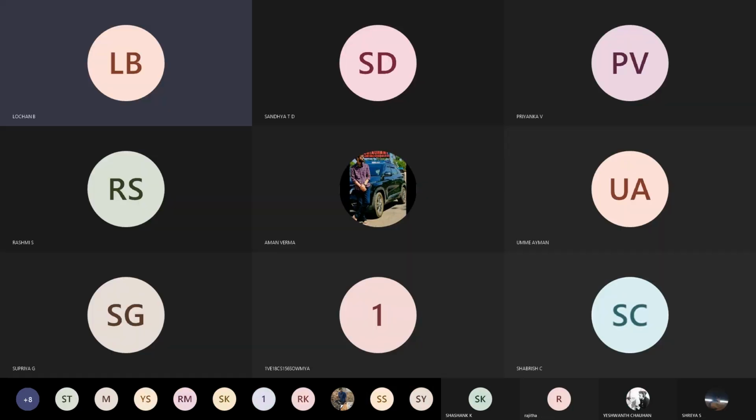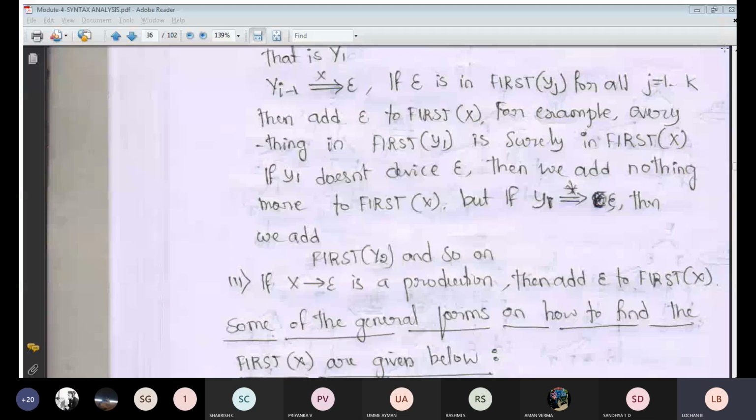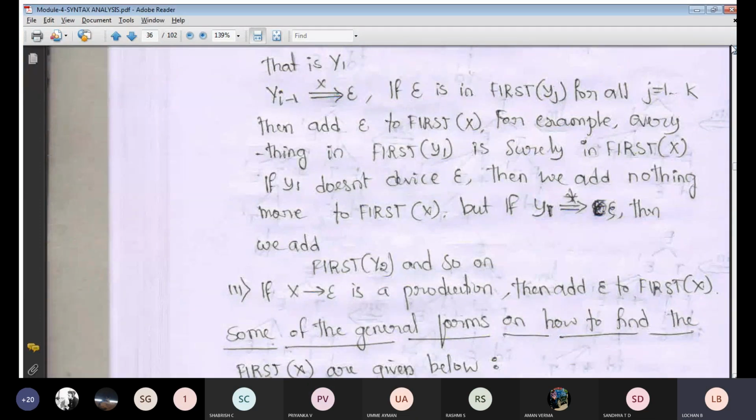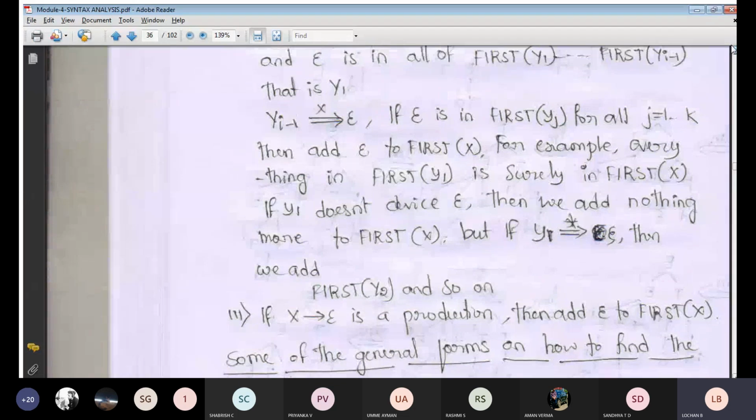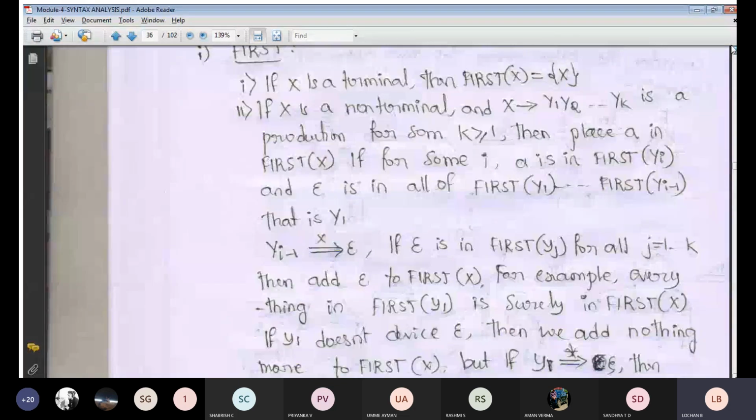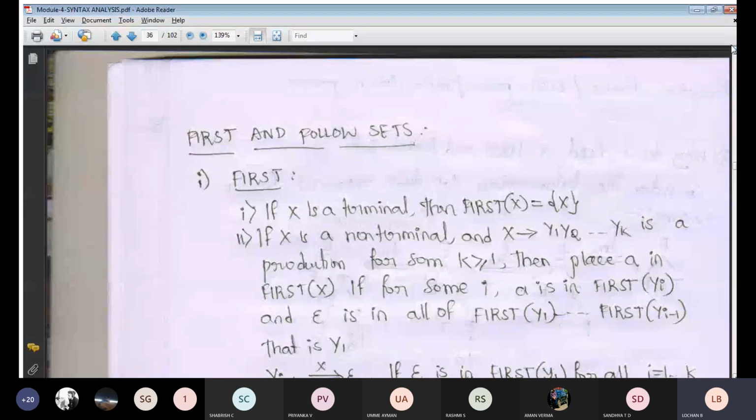Before solving the problems, I'm going to display it here once again. See, these are the notes sent to your group. What we will be discussing in today's class is the first and follow set. To solve the first set problems, we will be applying three steps here.